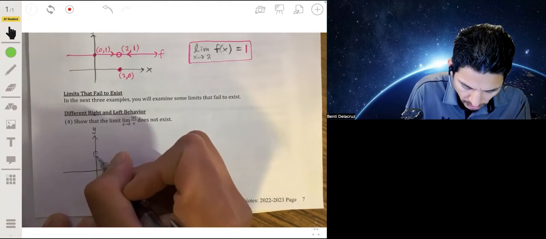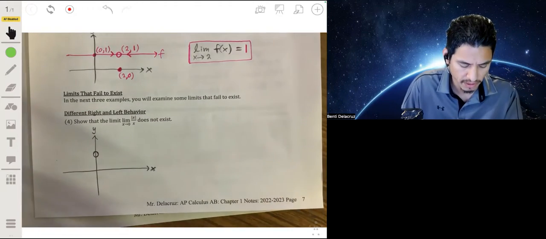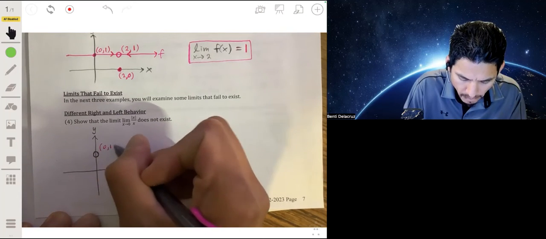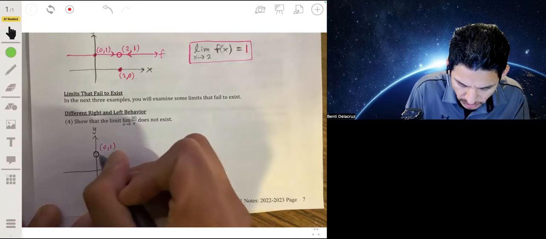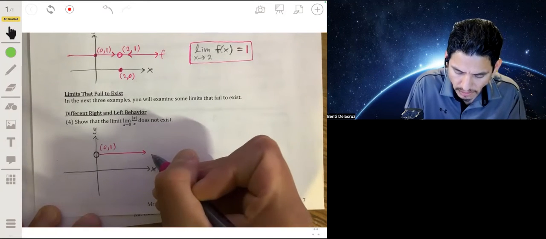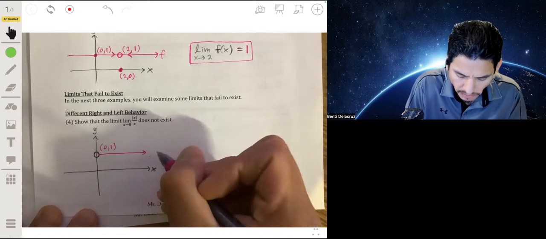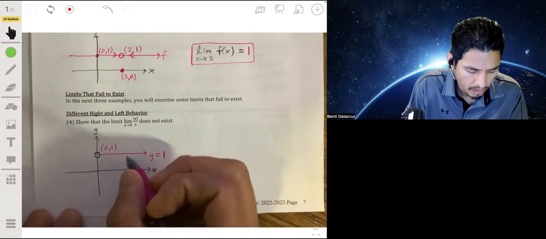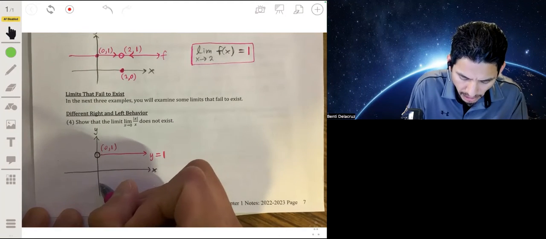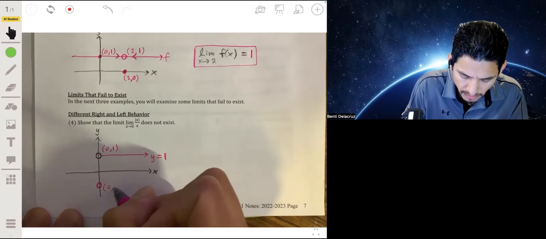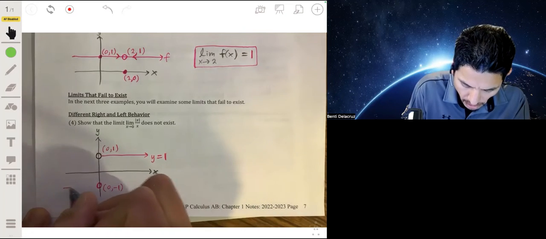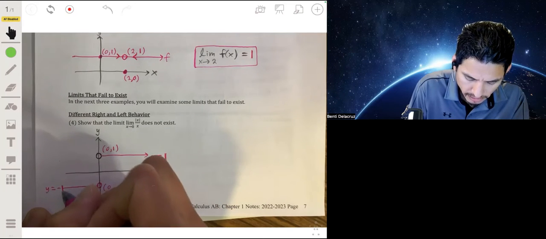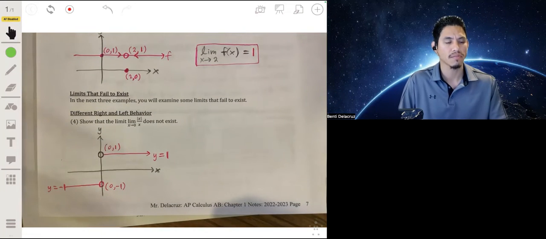So what's going on is that we have a hole at 0, 1, but the graph is a horizontal line, y equals 1. On the left side, you have a hole at 0, negative 1, because the graph is a horizontal line equal to the line y equals negative 1.